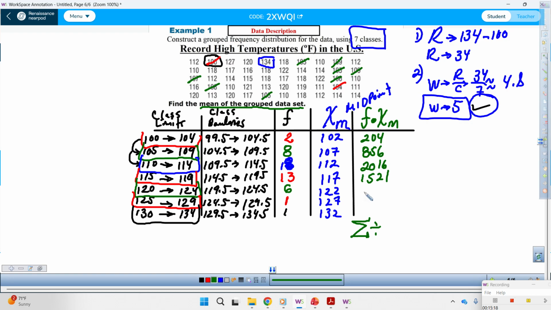Lucas. 732, and 1 times the other ones, it's 127, 132. So, everyone, find me the sum of all this, please. The sum, or the sigma. Find me the sum.